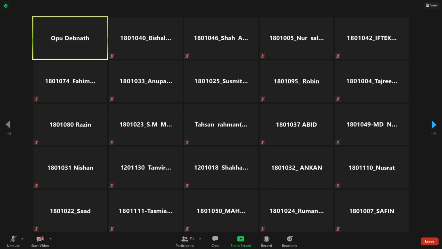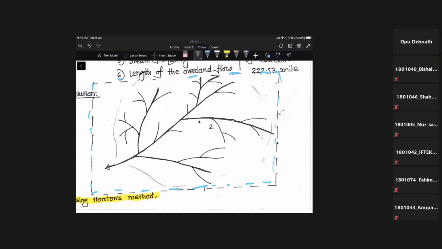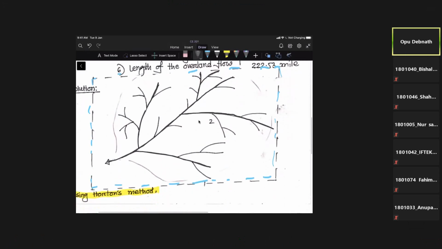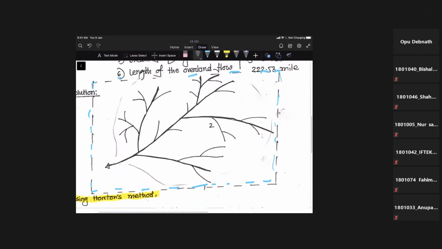Stop sharing. সো এখন দেখা যাচ্ছে কিনা একটু চেক করো। জি স্যার, দেখা যাচ্ছে। Okay.